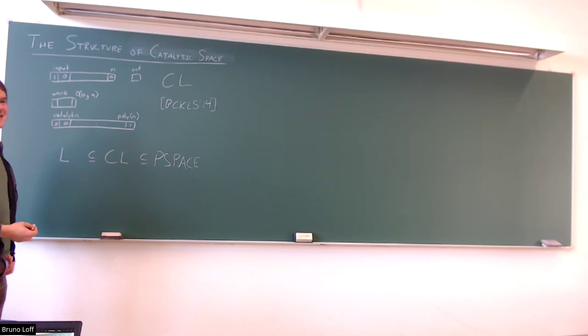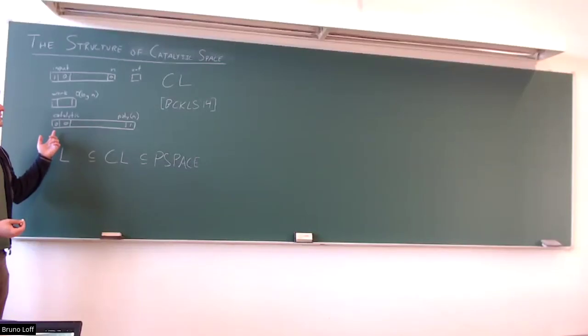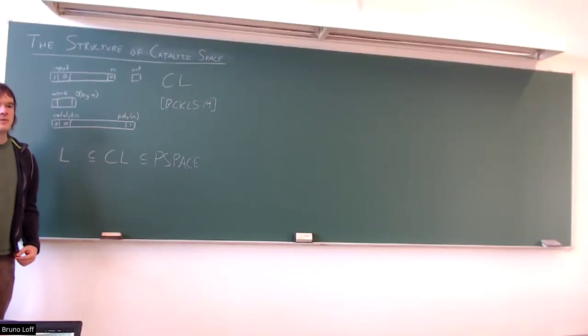I have a question. So usually in these Turing machines, we can sometimes extend the alphabet, like the working alphabet. I'm guessing here you cannot do that because you could just extend the alphabet so that you write over the catalytic space without erasing information there. Well, it depends. If you extend the alphabet, it's all well and good. You just have to accept the catalytic condition on the wider alphabet.